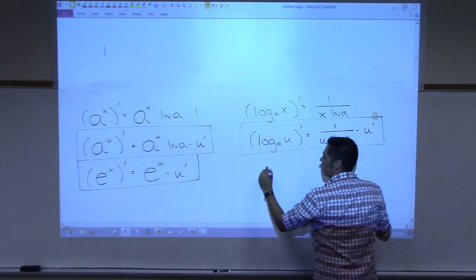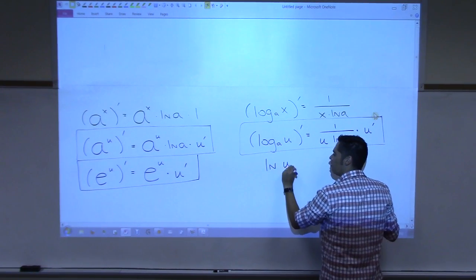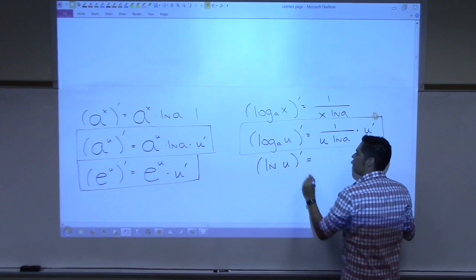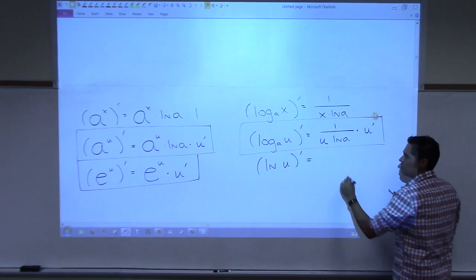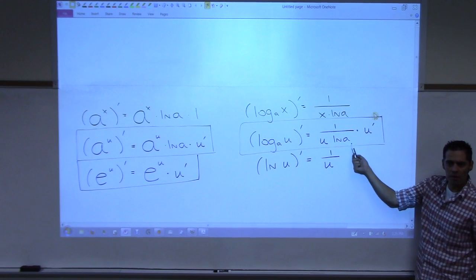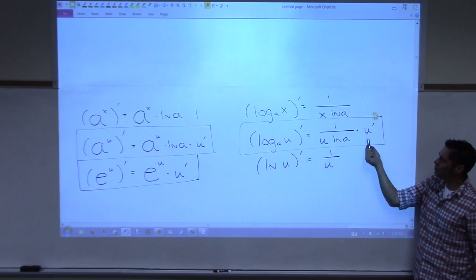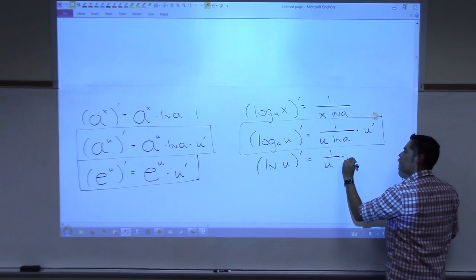And then if we do the very special log, that's natural log of u, then the derivative of that is just 1 over u, and we don't have to have that natural log a part in there. But then we still need what? The derivative of u.